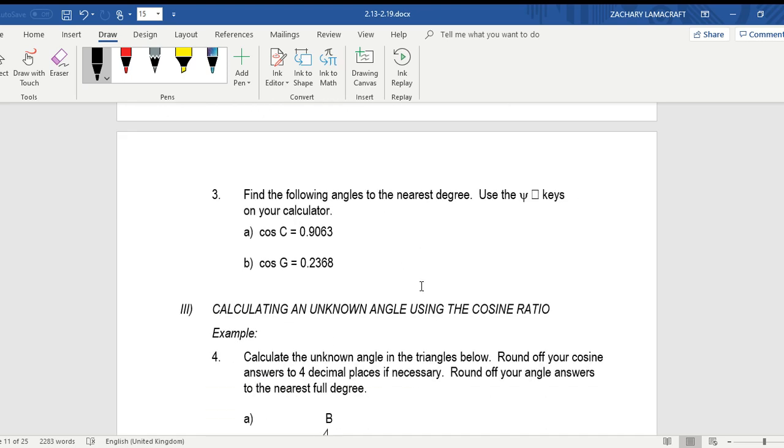Okay, now if we go to finding angles, we know anytime we need to find an angle, we're going to need to use the inverse or the -1 button, okay? So once again, we might need to use that second button or the shift button, depending on how your calculator operates. It all changes, okay? So when we're finding the angle, remember we want to find C, so we bring that cos to the other side and it becomes cos -1.